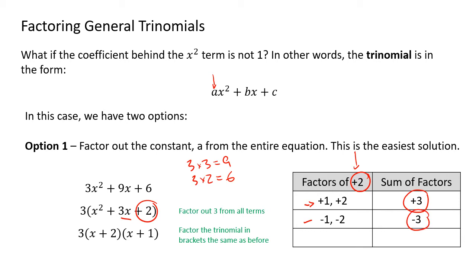So we know it's positive 1 and positive 2. So we can simply substitute in just like we did in the past. So now this becomes 3 times (x plus 2) times (x plus 1). Okay, so that's our first option for solving when that term is not 1.